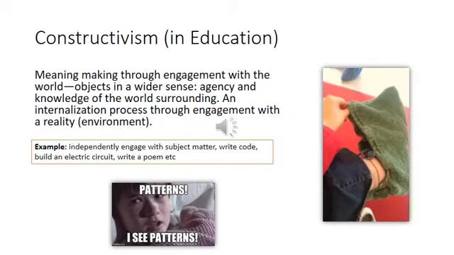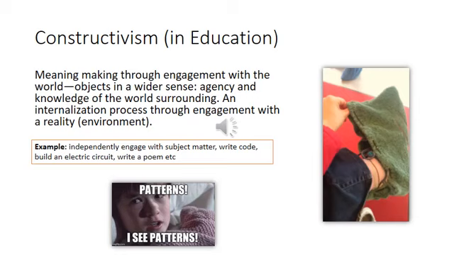So the next theory I wanted to briefly introduce is constructivism in education. Now, mind you, there are different disciplines using the same theory, but they use slightly different viewpoints or angles on this theory. So sociologists might approach that a bit differently than psychologists might approach constructivism. Just keep this in mind. But for the purpose of our session, for the purpose of education, the points in constructivism that are important are that it is meaning making through the engagement with the world, objects in a wider sense.